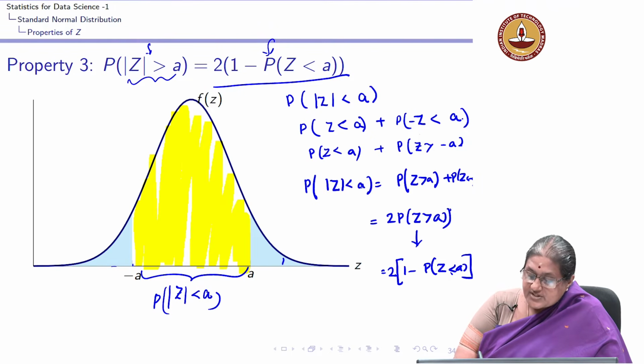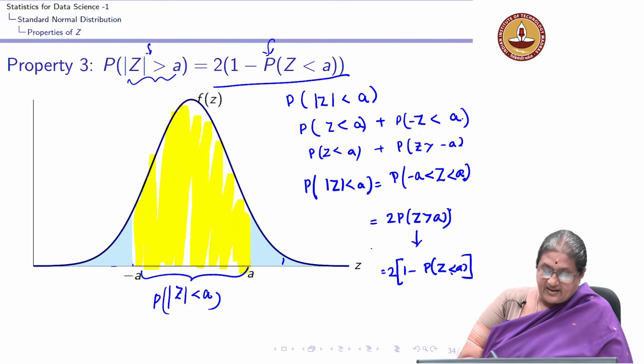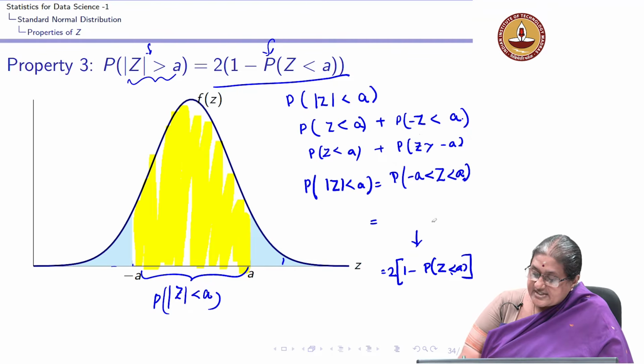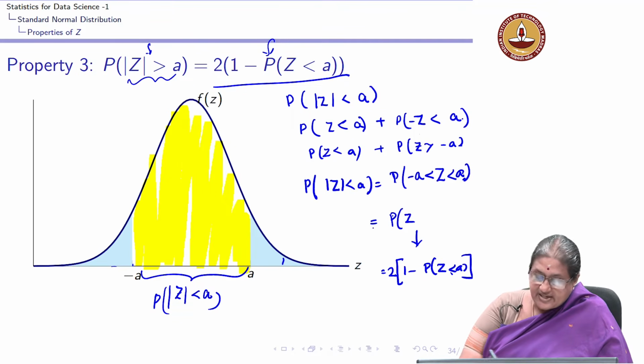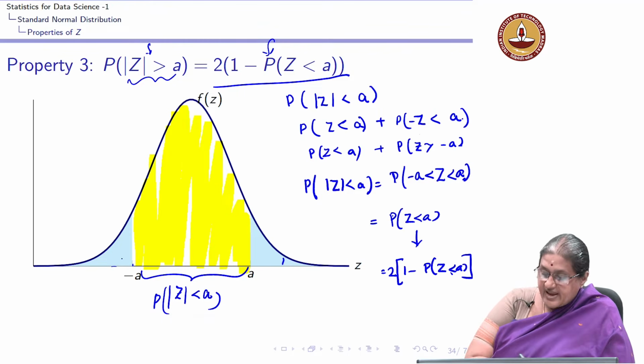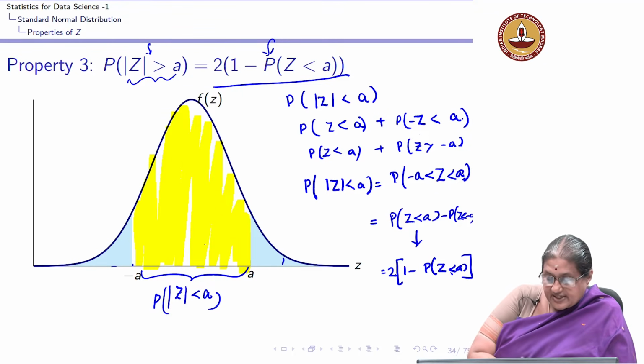So, the probability of mod z is less than a can be rewritten as the probability of minus a is less than z is less than a. Again, I know that this is the same as probability z less than a, this area, minus probability z is less than minus a, that is the orange.